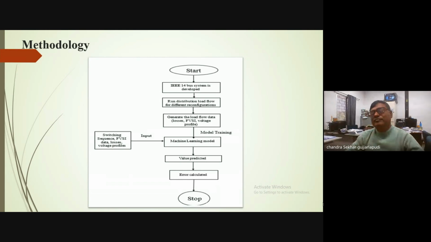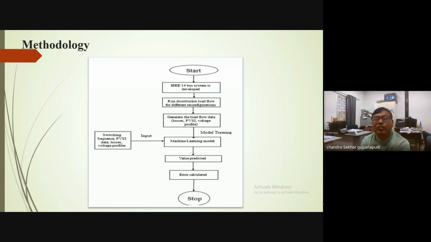That has been determined and the data set has been made, and after that we trained the machine learning model. So now if somebody asks which configuration, for a particular location of the SVC, has the best impact on the system, we can get it. How is it possible?